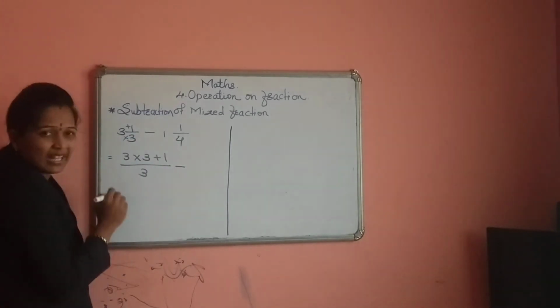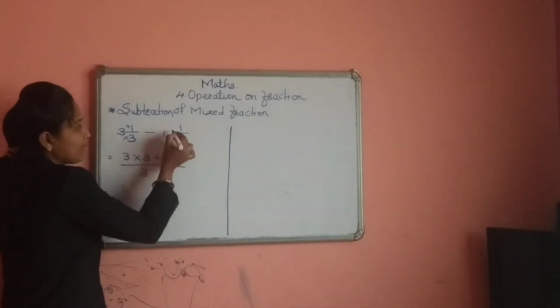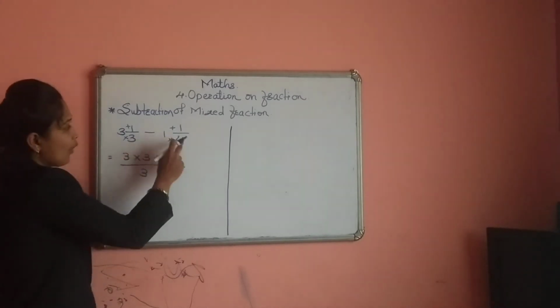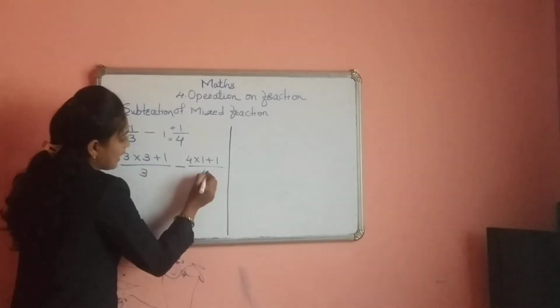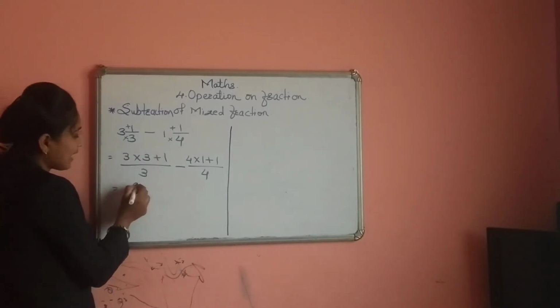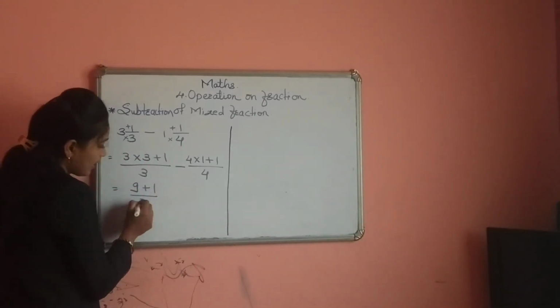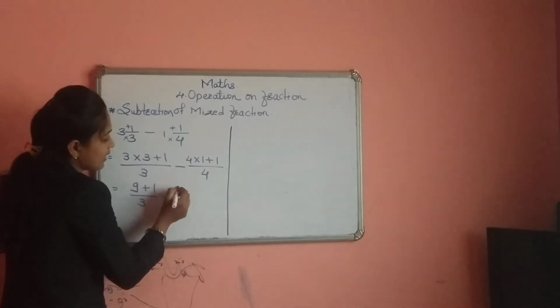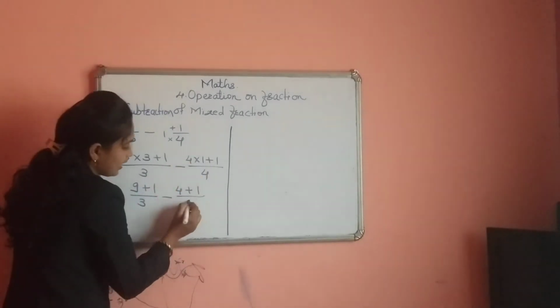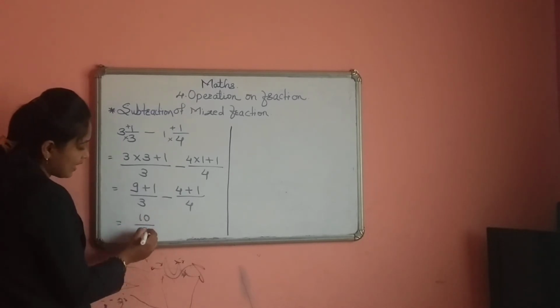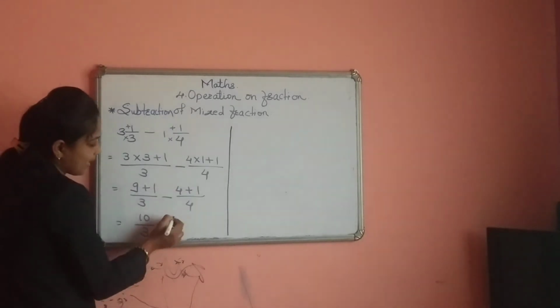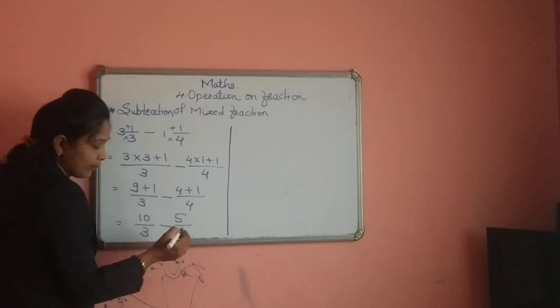Then 4 multiplied by 1 plus 1, divided by 4. 3 3s are 9 plus 1, divided by 3, minus 4 1s are 4 plus 1, divided by 4. So 9 plus 1 is 10 divided by 3, minus 4 plus 1 is 5 divided by 4.